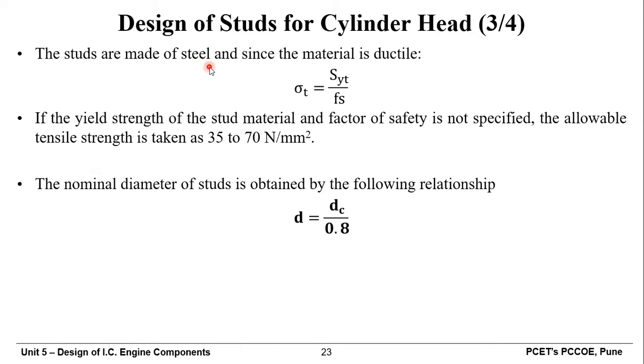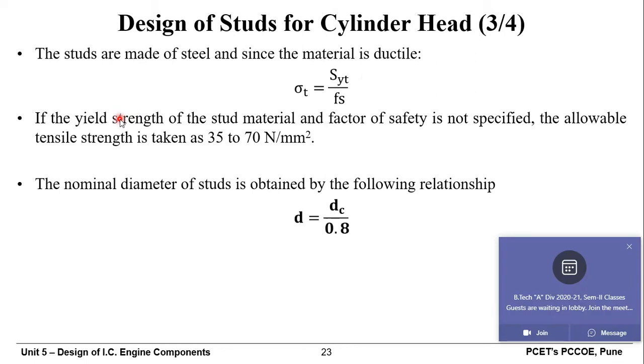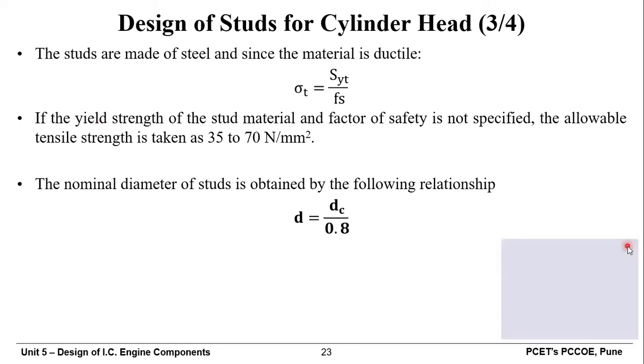Now the studs are made of steel, and since the material is ductile, we can calculate sigma t, which is equal to Syt divided by factor of safety, where Syt is yield strength of the material. Sometimes if the yield strength of the stud material and factor of safety are not specified, then the allowable tensile stress is taken as 35 to 70 Newton per mm square.